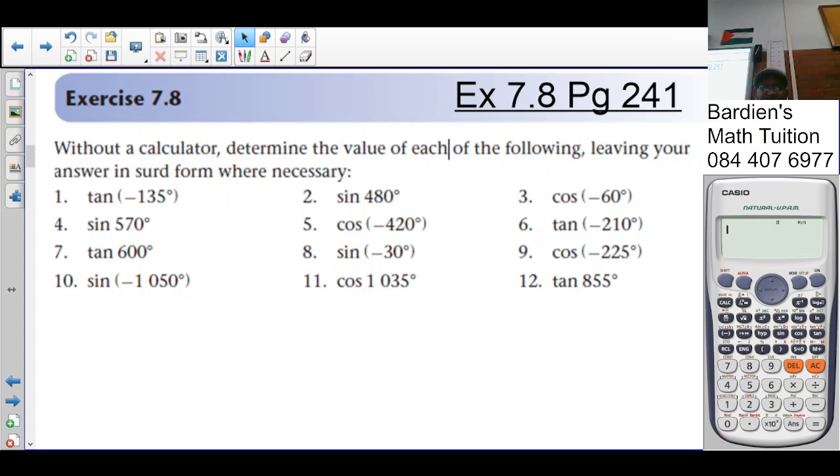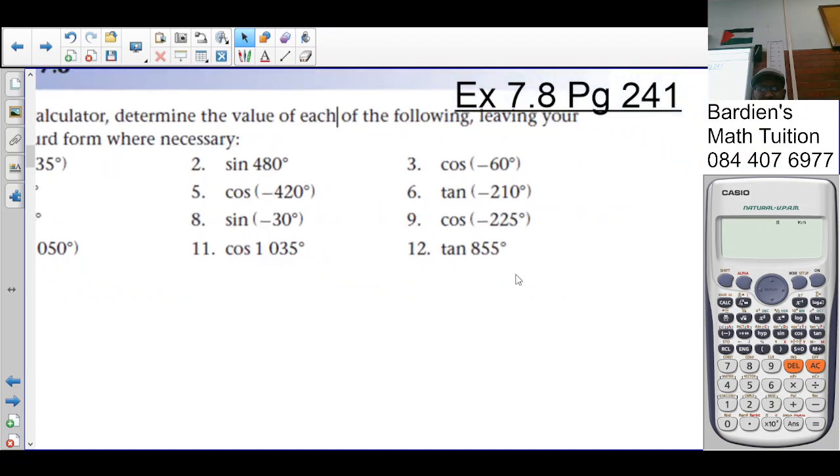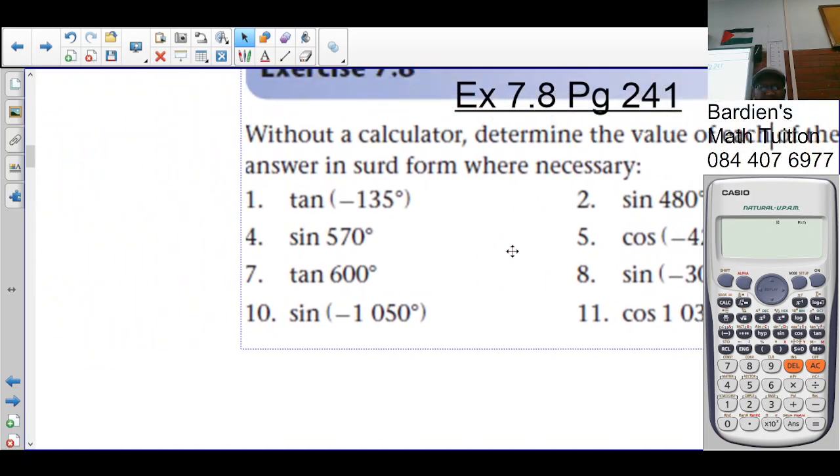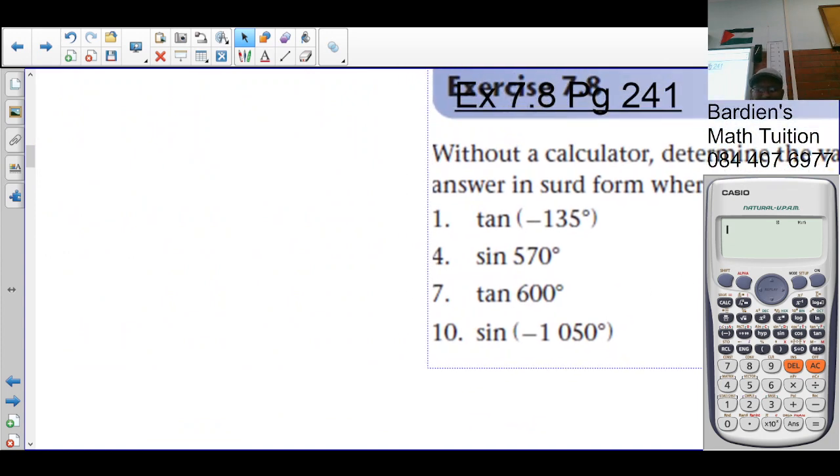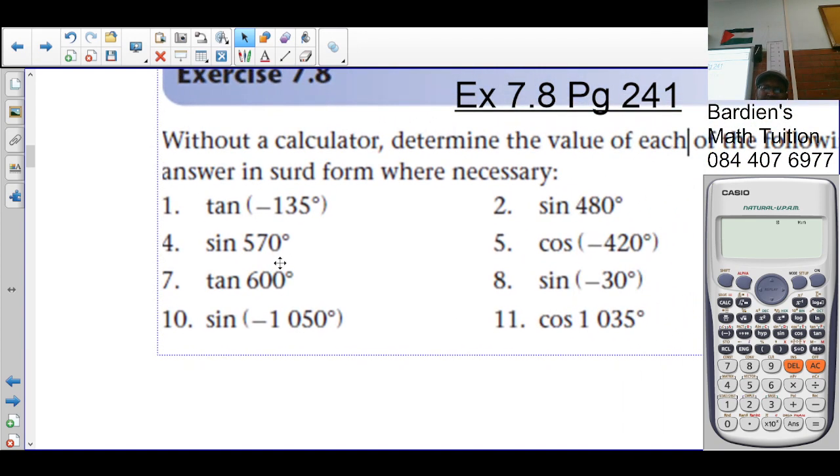Any issues in the first column, which is numbers 1, 4, 7 and 10? Any problems with the second column, which is 2, 5, 8 and 11?